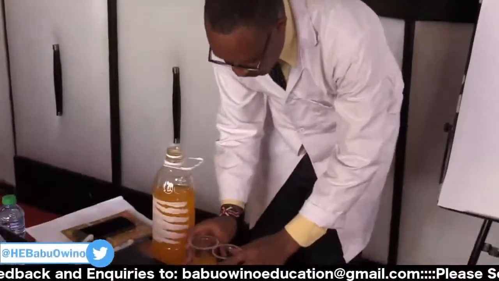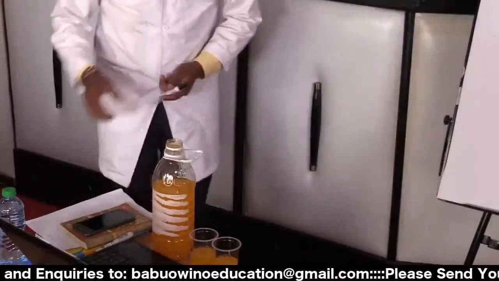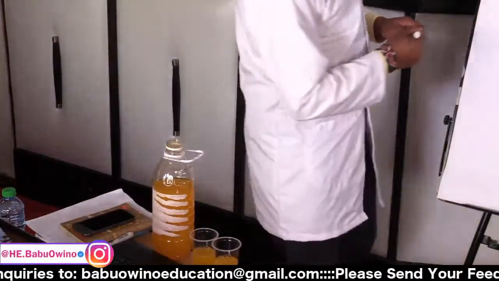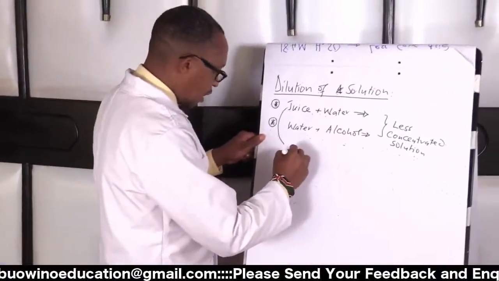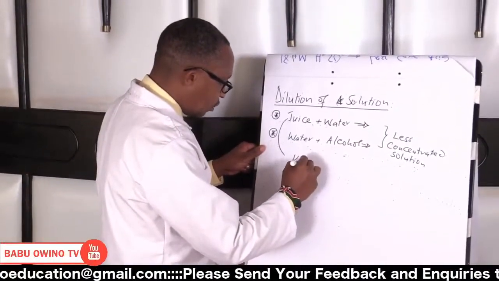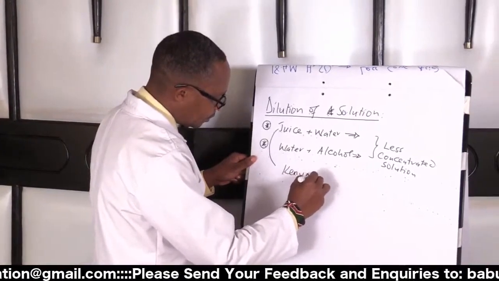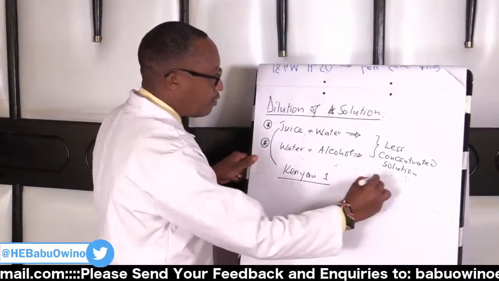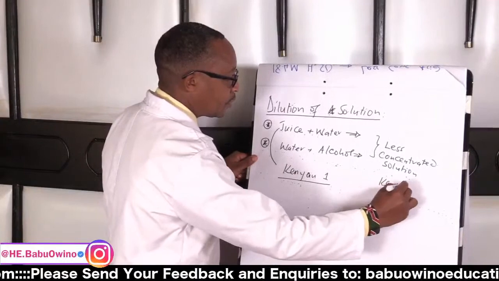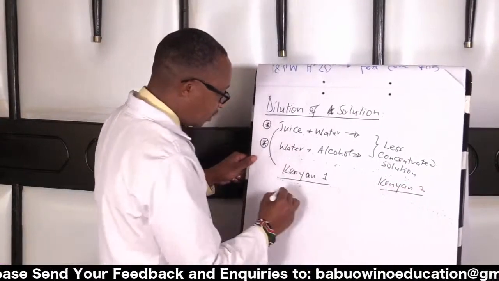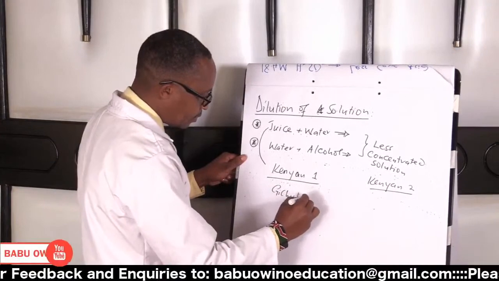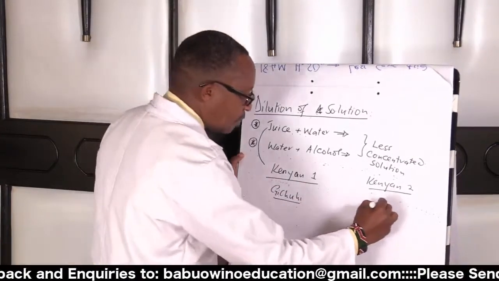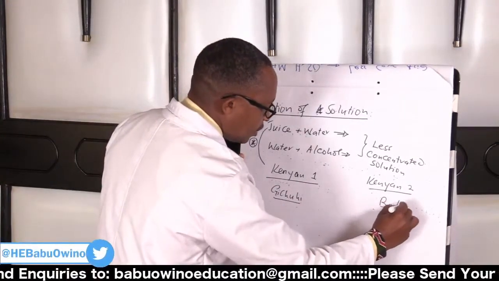So in the two glasses, I have Kenyan number one and Kenyan number two. This is myself, and this is my partner here, Mheshimiwa.